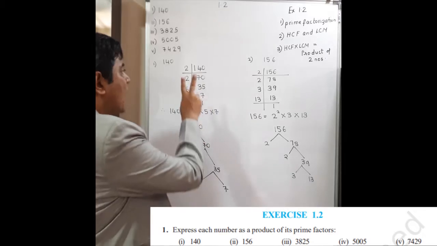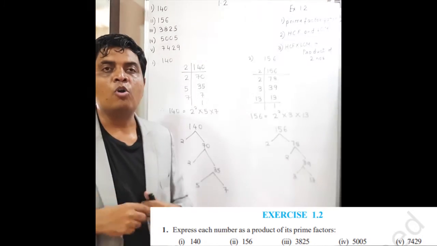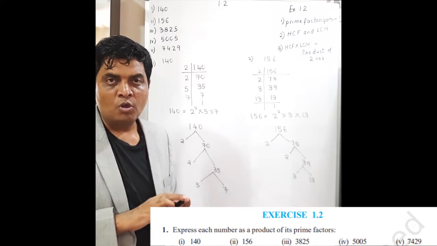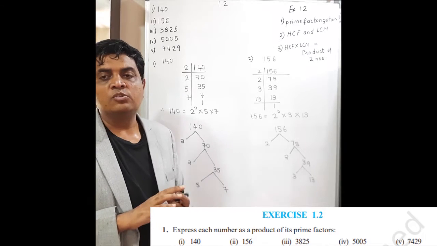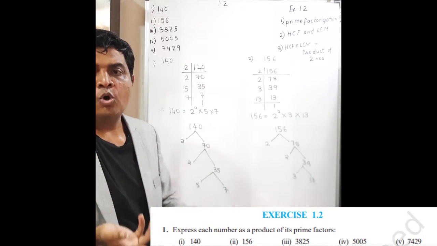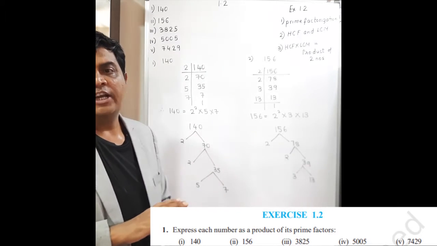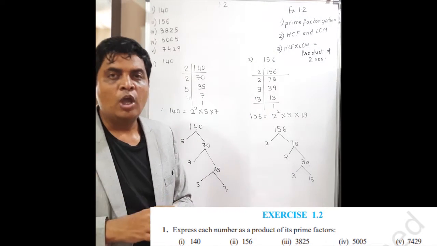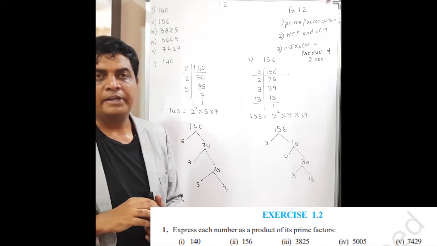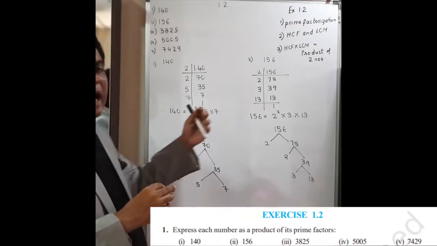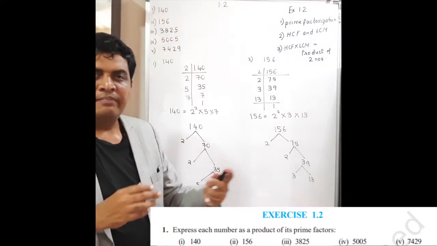For 4, the last two digits should be divisible by 4 or be 0. For 5, the last digit should be 0 or 5. For 6, it should be divisible by 2 and 3. Hence, we should know the divisibility rules, and start from the smallest prime number and go ahead.